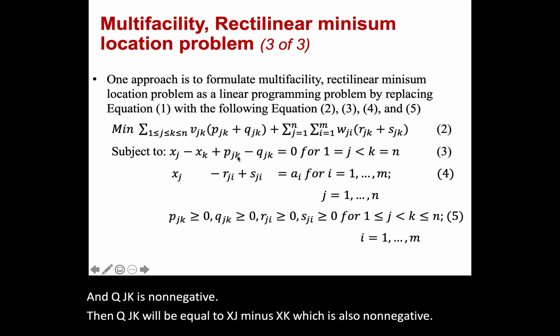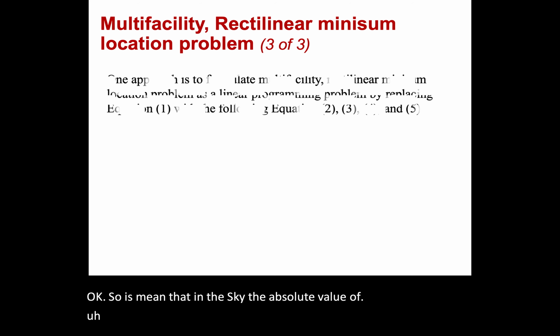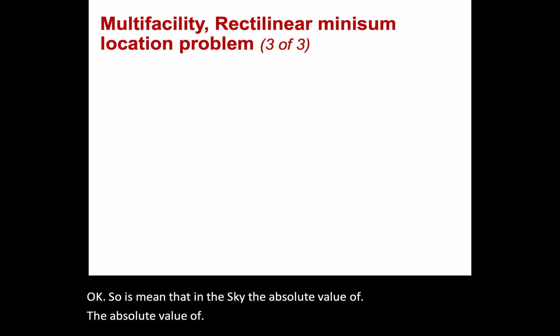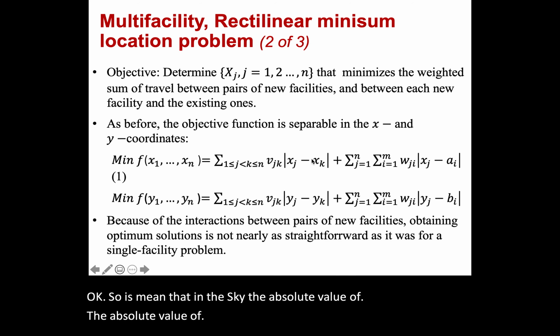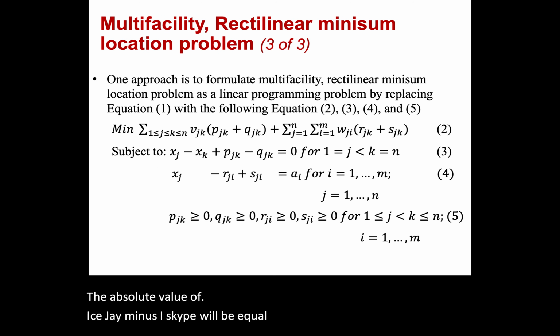So in that case the absolute value of xj minus xk will be equal to xk minus xj.